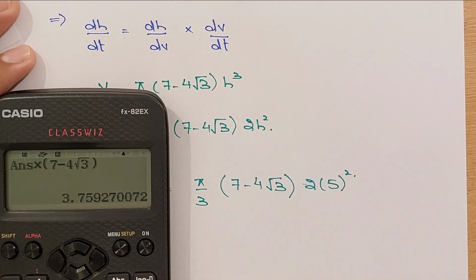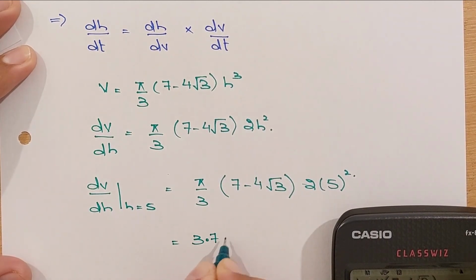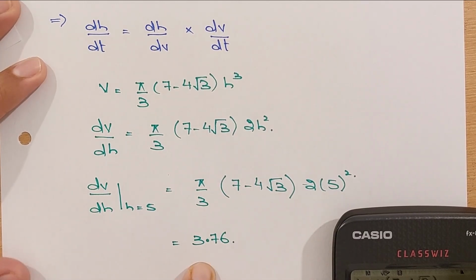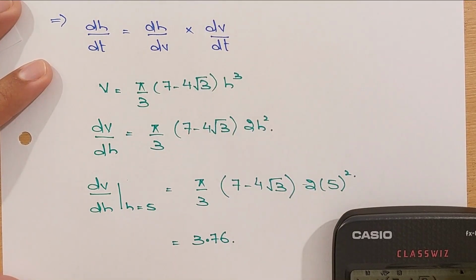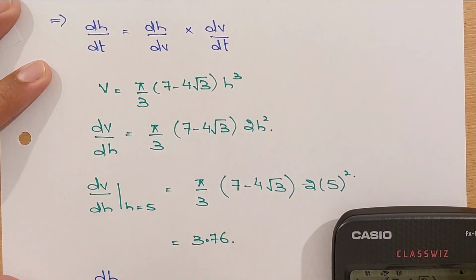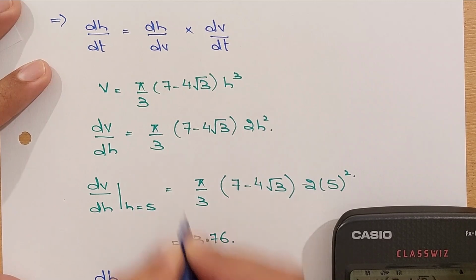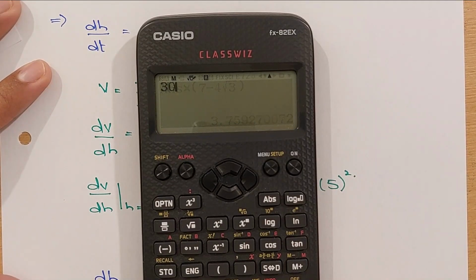So this is 3.759, or we can say 3.76. Let me use this expression here. We can say dh over dt is equal to dh over dv. This is dv by dh, so we take the reciprocal, 1 over 3.76, times 30, right? So the answer is 30 divided by the answer. So this is 7.9.